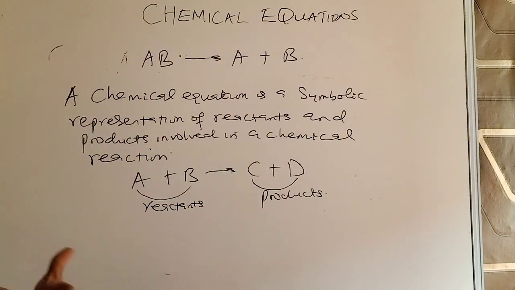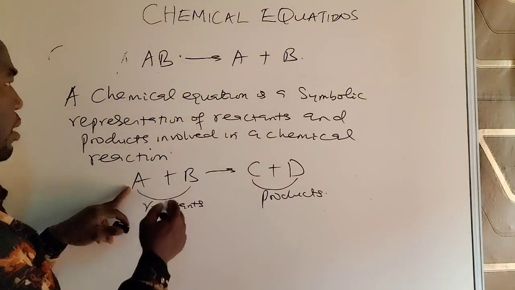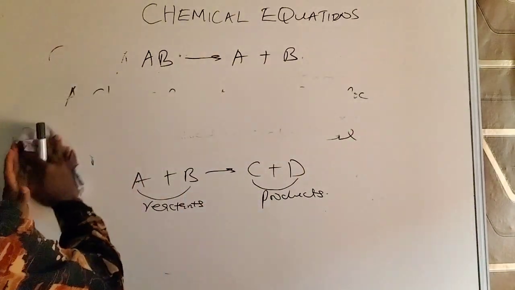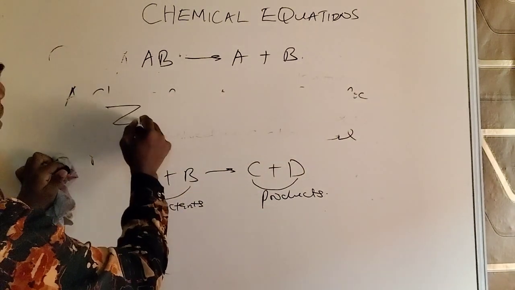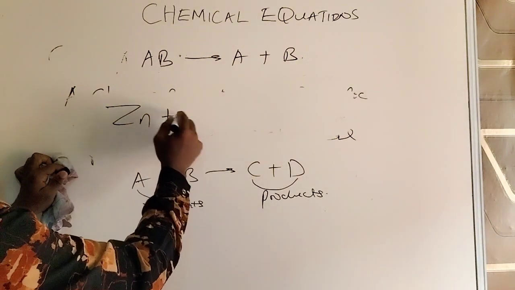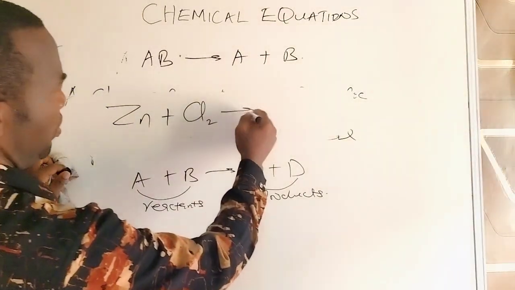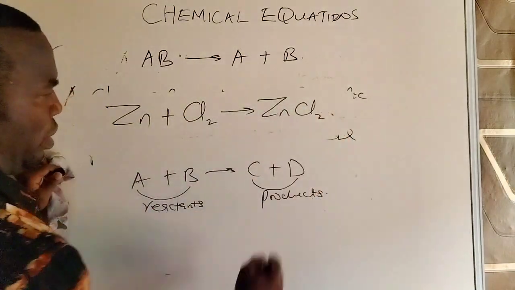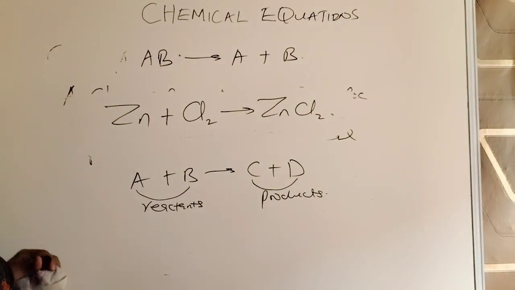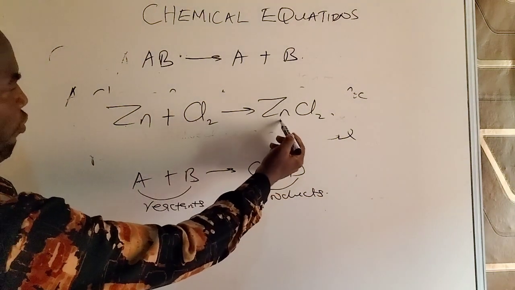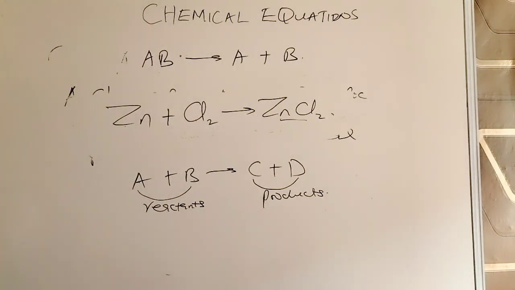Symbols represent elements. For instance, if A is zinc, the symbol of zinc is Zn. Then if B is chlorine, chlorine is Cl2. It has given us zinc chloride, ZnCl2. You see that? This is a symbol, this is also a symbol, while this is a formula of a compound. So a chemical reaction can involve symbols of elements or formulas of compounds.